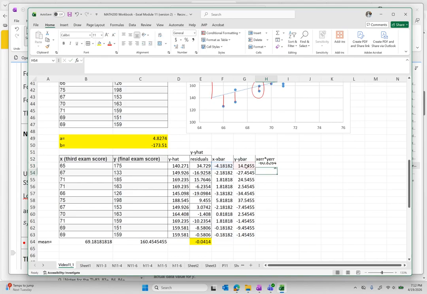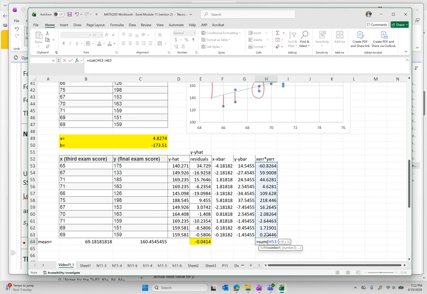And again, I did this in the wrong cell, so I had to redo it. And let's copy this down. And the numerator is the sum of those, so I do need the sum this time of the product of x errors times y errors for every x value. So it's 394.091 rounded to 6 significant digits here.